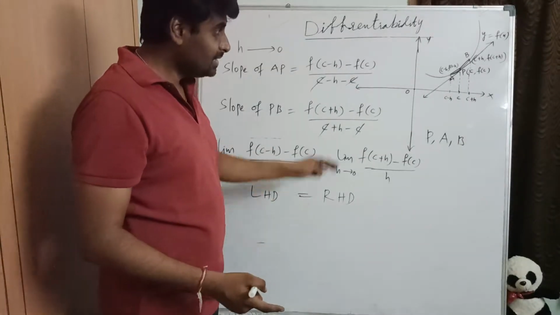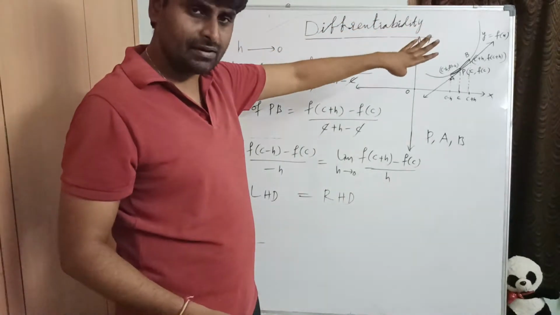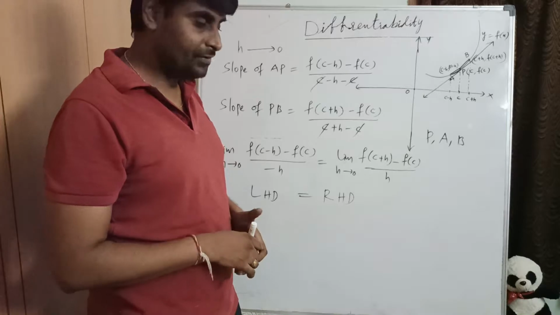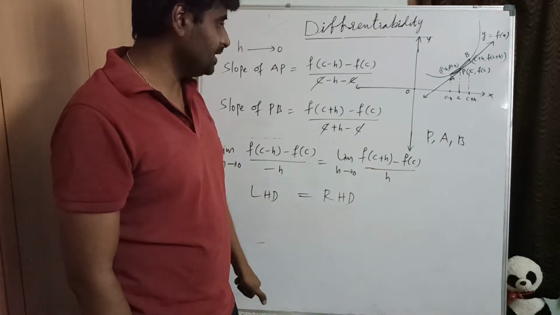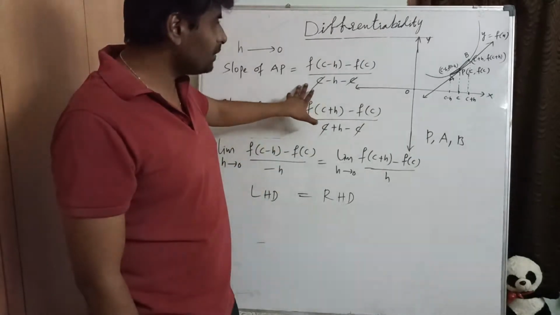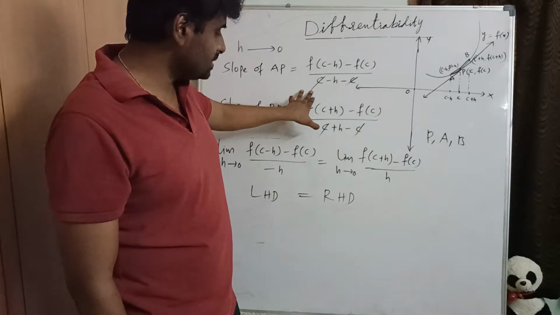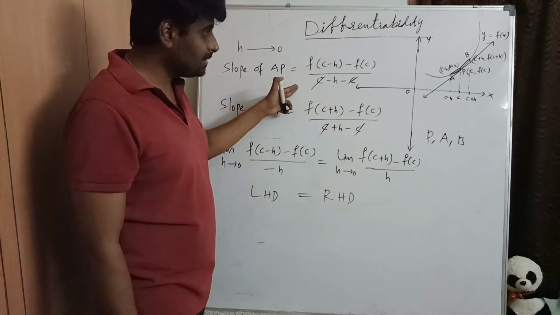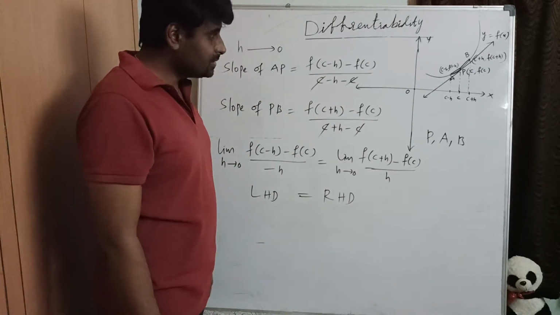Then only we can say that the curve, meaning every curve is a function, is differentiable: a function is said to be differentiable if LHD equals RHD. Clear? So this is the graphical interpretation of left hand derivative and right hand derivative, of differentiability of a function. Clear? Just have a look at that.